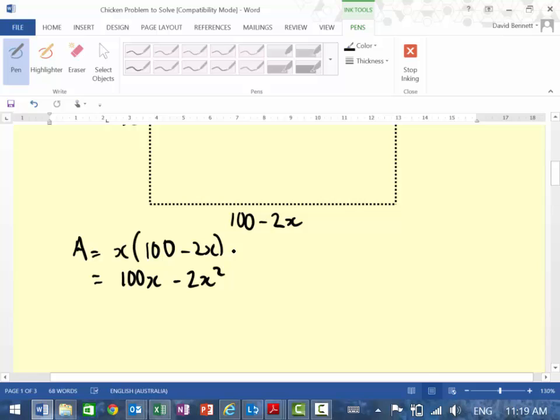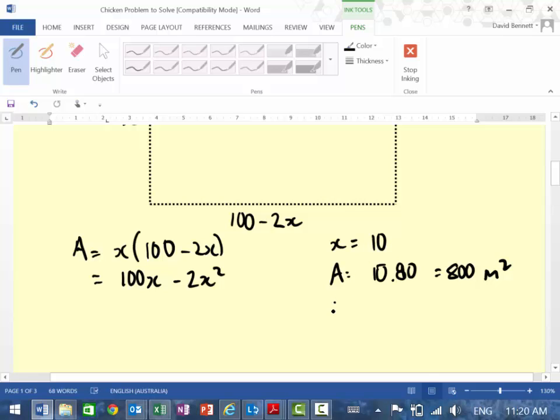Agreed? So if we tried some x values, say x equals 10, we can either substitute it straight in or go 10 times 80, and that's going to give you 800 metres squared.